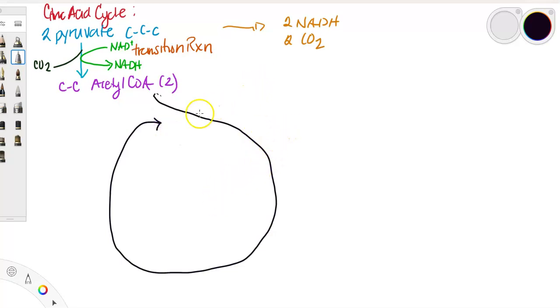Once we have our acetyl-CoA, if a certain molecule is present in the citric acid cycle, then acetyl-CoA can enter. That molecule is called oxaloacetate.